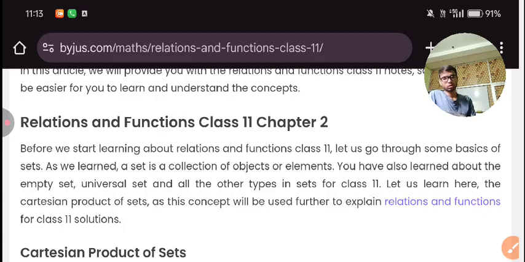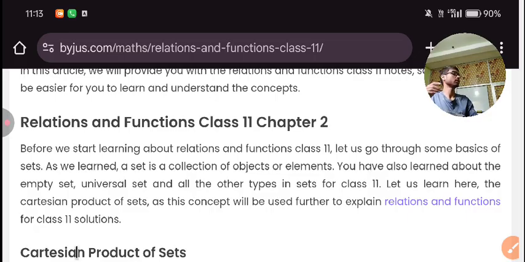Now, challenges, what do I mean? If you jump randomly, for example, you don't understand sets, you don't understand relations, and you directly jump to function, then you will not be able to understand the function chapter.